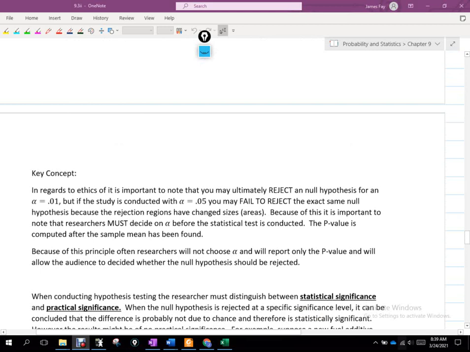But knowing that a critical value is directly linked to p-values, let's say that we have a situation where this is our normal curve, and we find a critical value. Let's say our critical value is at negative 1.3. That means anything to the left of negative 1.3 would tell me to reject my null hypothesis.